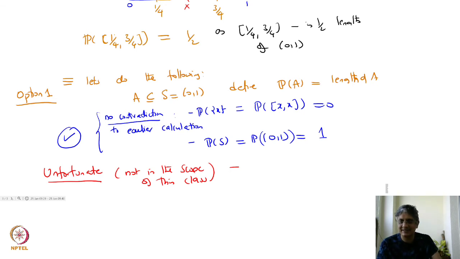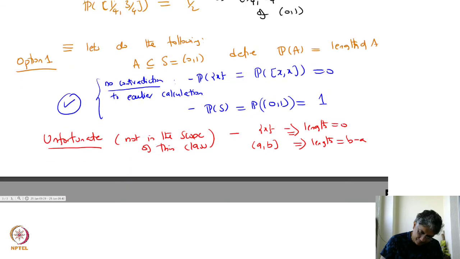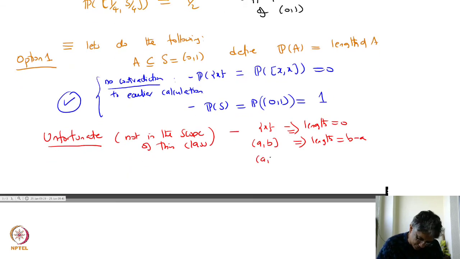While the length of a singleton point is okay, we know how to define length. We know the length is 0. Intervals we know. Let's say closed A, open B, or anything we want. The length will be just B minus A. Let's say open A, B is also the same thing.